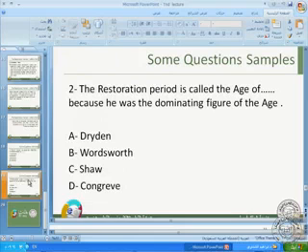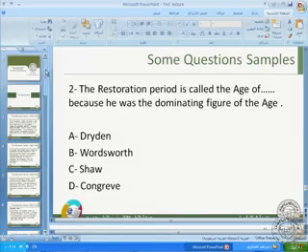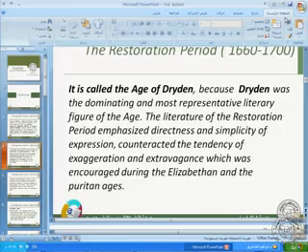The restoration period is called the age of, because he was the dominating figure of the age. Here we have Dryden, Wordsworth, Shaw, and Congreve. If you go again to this, it is called the age of Dryden.